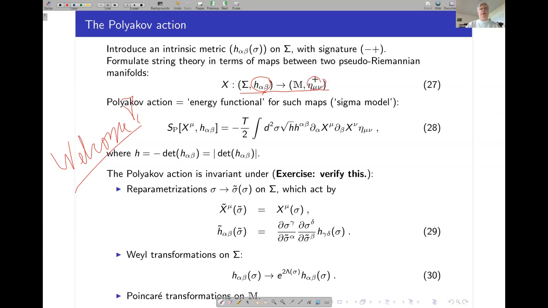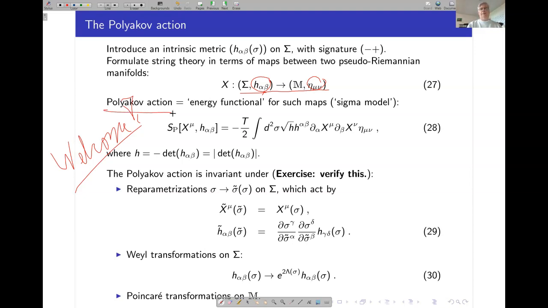And then there is a natural action principle for such a map between 2 Riemannian, or since we admit indefinite signature, pseudo-Riemannian manifolds, that's strings with the Polyakov action.